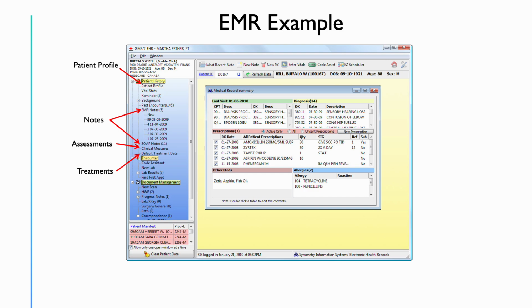So this is just looking at an EMR example. Again, they're all different, but you can see it's showing you different sections. A lot of times all of them will have a patient profile, notes that you can see from the other disciplines, the assessments that were conducted by other disciplines, whether that be doctors or other therapists, and then the treatment plan. Again, this is just an example.